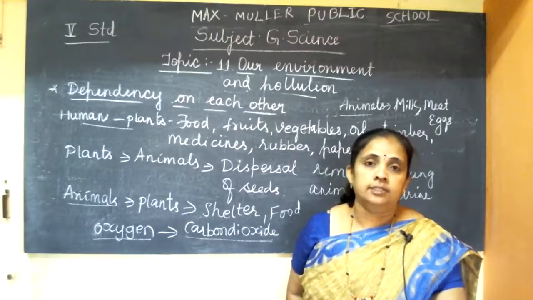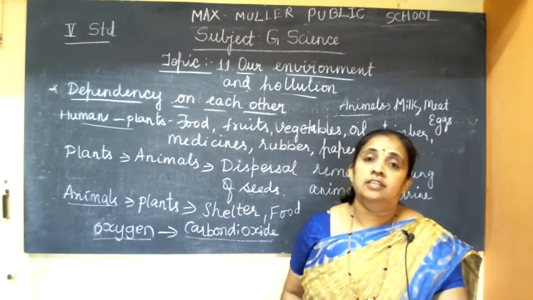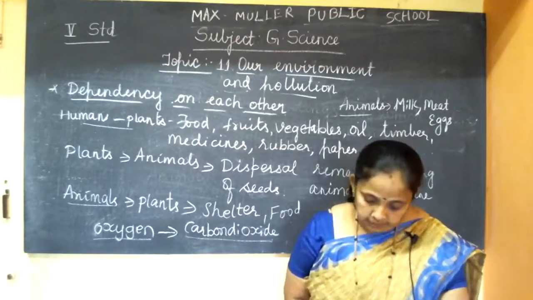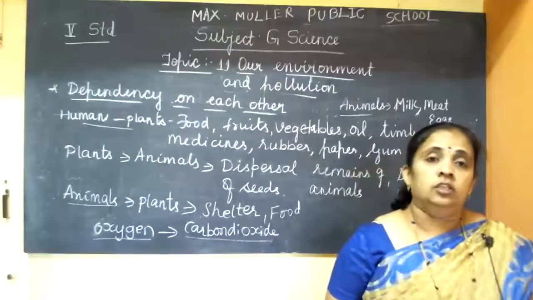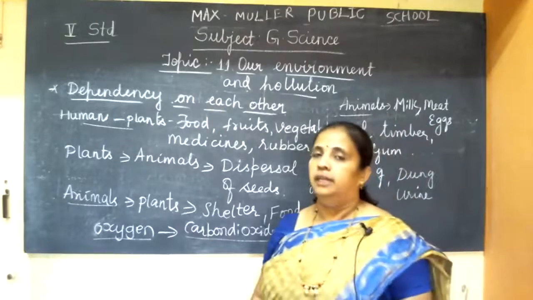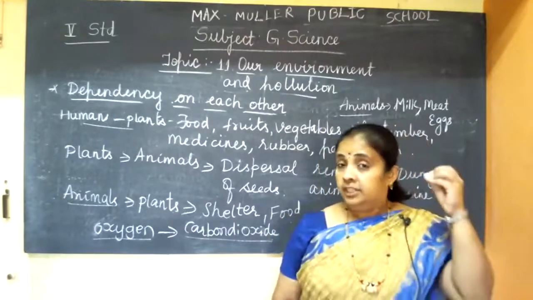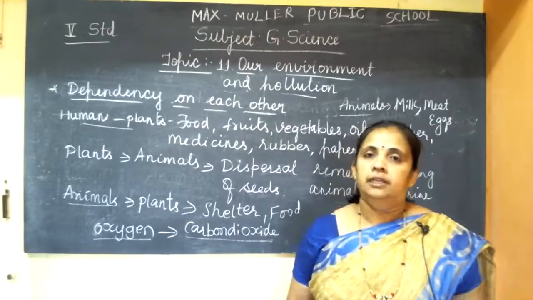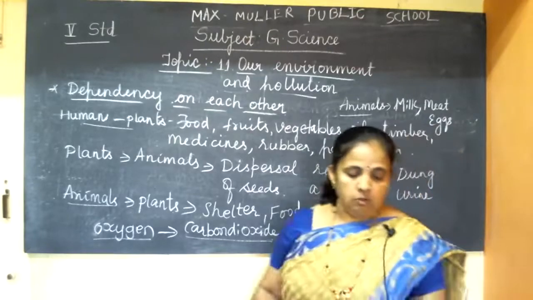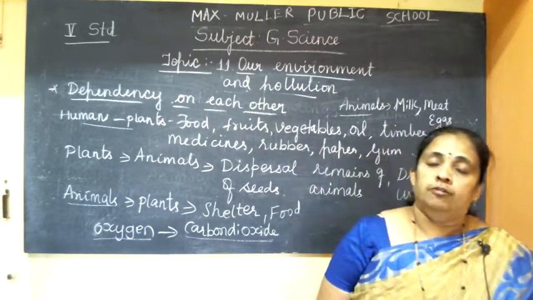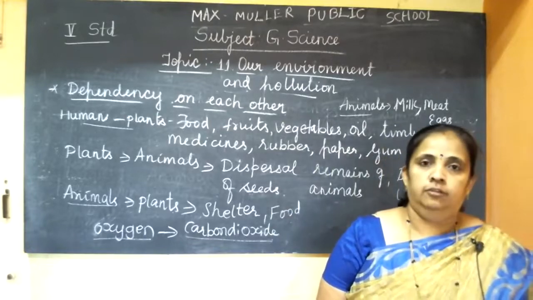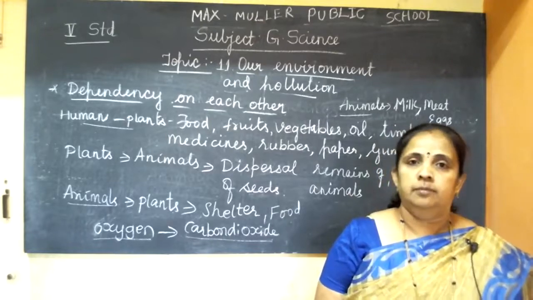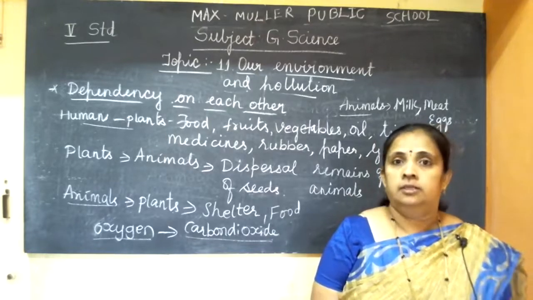But because of the greediness of man to make money, for commercial benefits, he is the one responsible for spoiling the environment. He is becoming the main reason for spoiling the environment. Okay, so what is he doing? As I said, in order to make money for commercial benefits, he is cutting down the trees to make furniture, or to build houses.